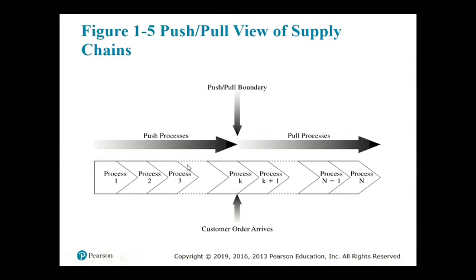And the key difference, of course, is related to demand uncertainty. So since the pull process happens after demand arrives, in this part the demand is known.